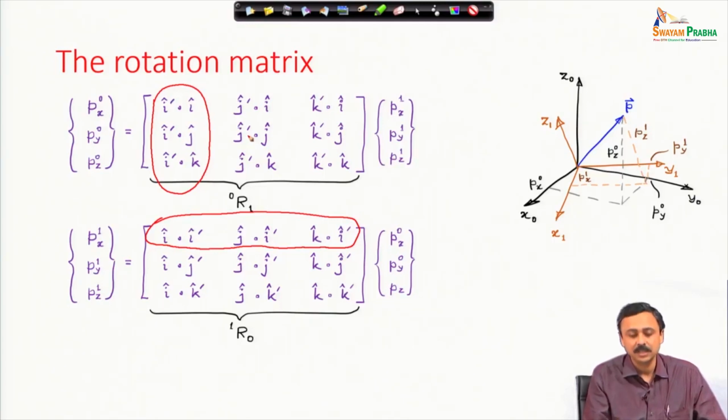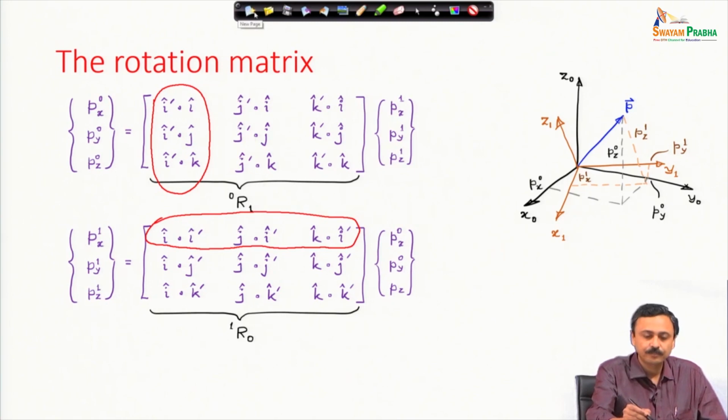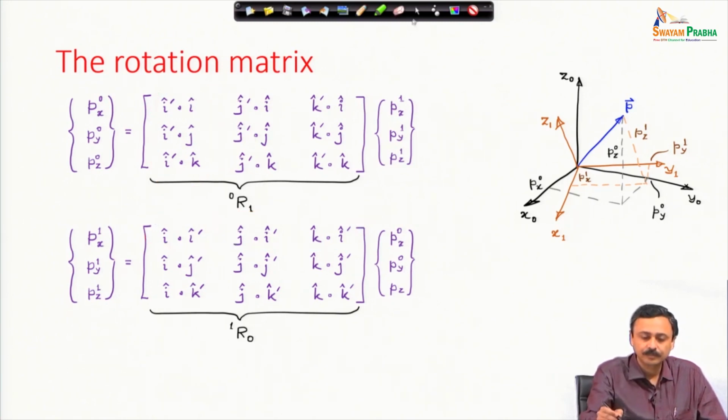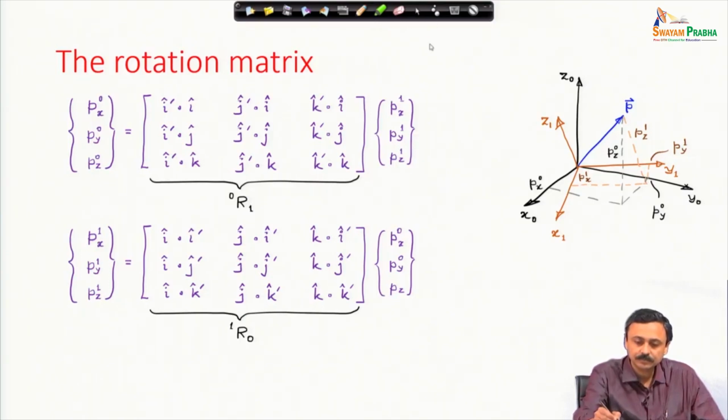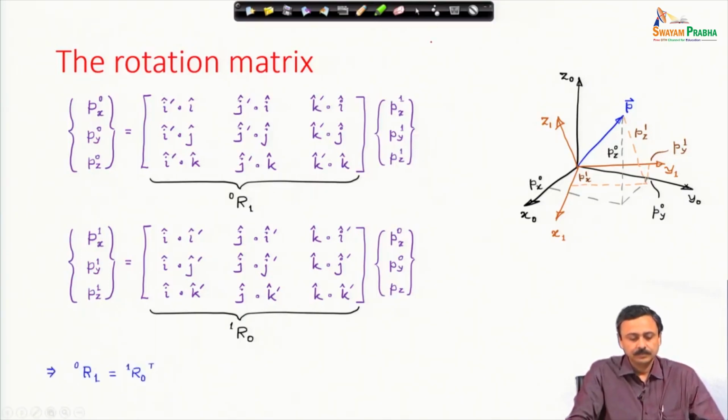In other words, the second matrix is a transpose of the first matrix. R from 1 to 0 is the transpose of the matrix R from 0 to 1.